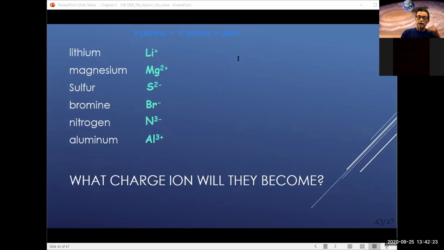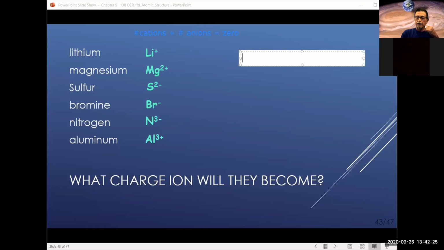Let's do a quick example up here. Let's take the lithium ion. Lithium ion has a +1 charge, and the bromide has a -1 charge. Therefore, when I put them together to write the formula, I can put them together as a 1-to-1. So that becomes lithium bromide.